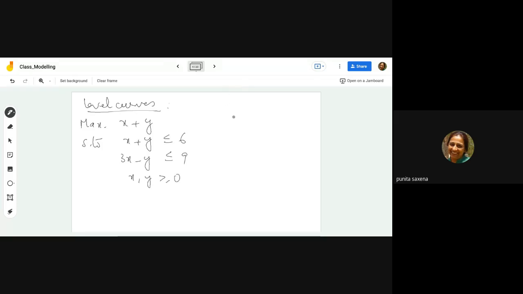Now, the way we plot the feasible region remains the same, right? I hope it's not very cumbersome. 0, 2, 4, 6, 8, 10.